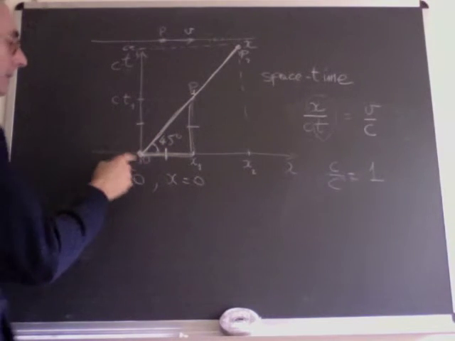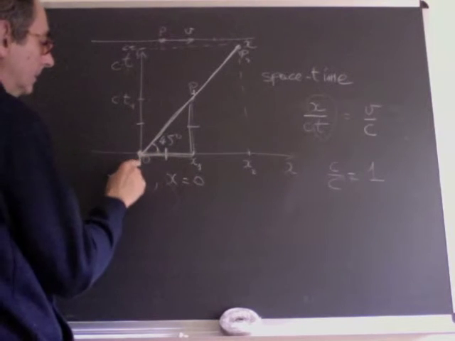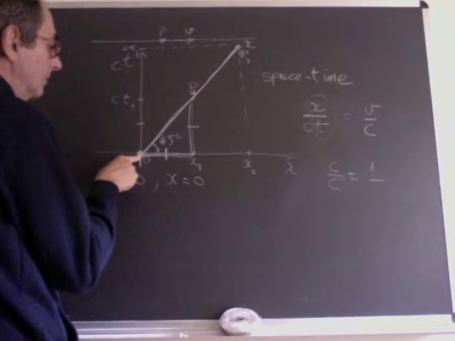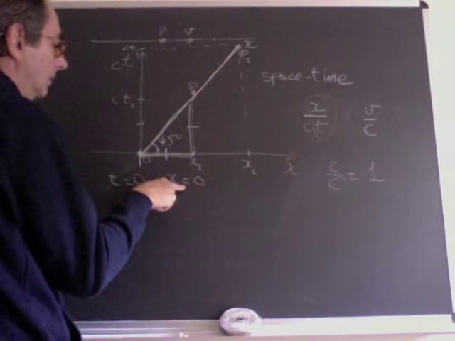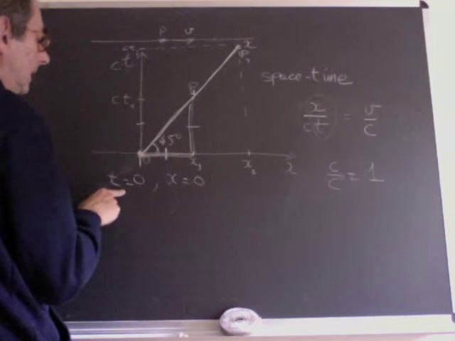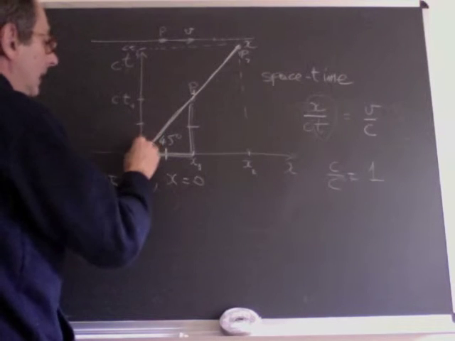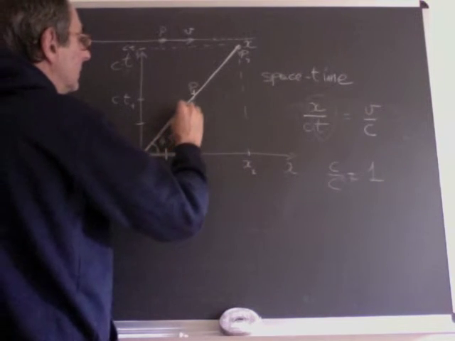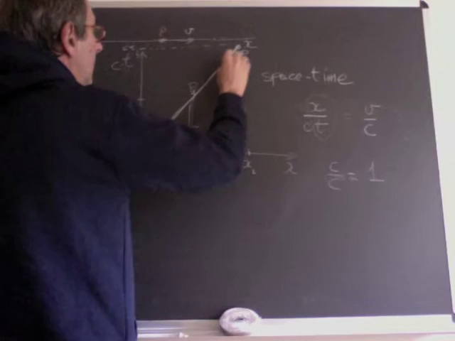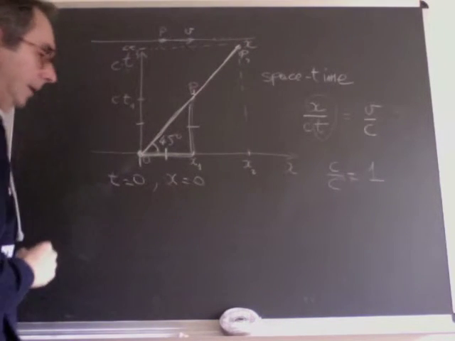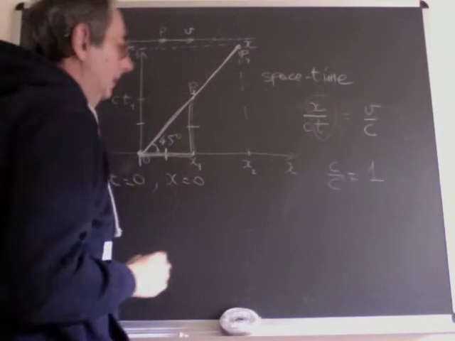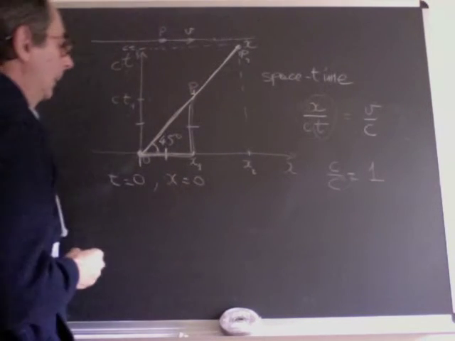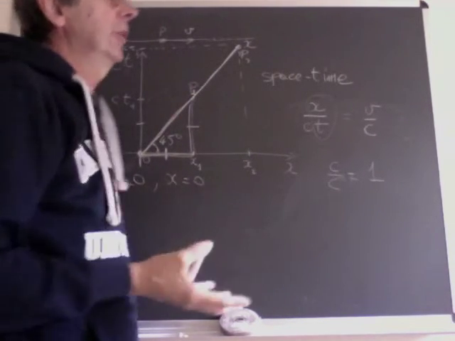Okay, so this is the moment, the point corresponding to the position x equals 0 at time t equals 0, now, and these are all the points that a beam of light covers during its trip.